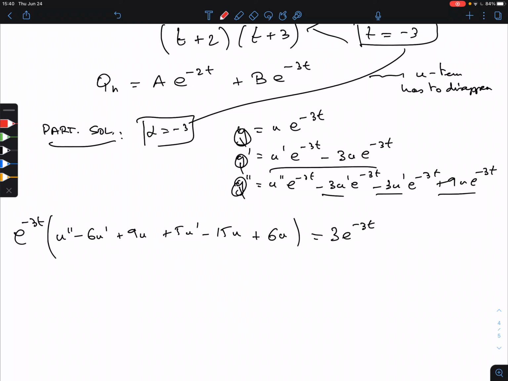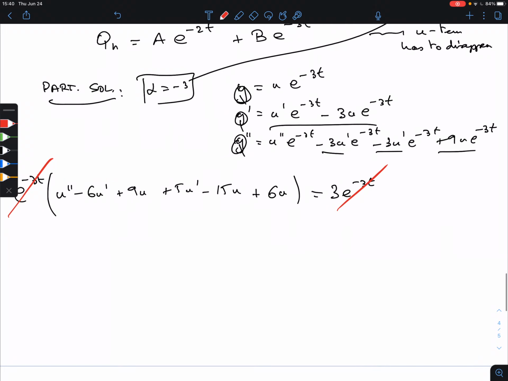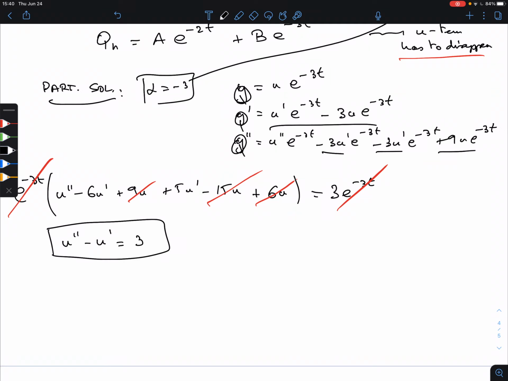The first thing that has to happen, because variation of parameters tells us, is that the exponential goes, because we want something without exponentials now. The second thing that happens is that we have 9u plus 6u minus 15u. It all cancels out. So our differential equation, u double prime minus 6u prime plus 5u prime, which is minus u prime, equals 3. Okay, that's our differential equation.